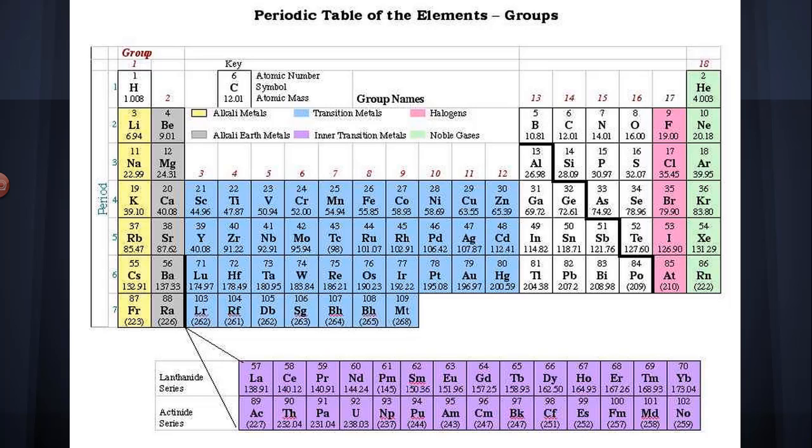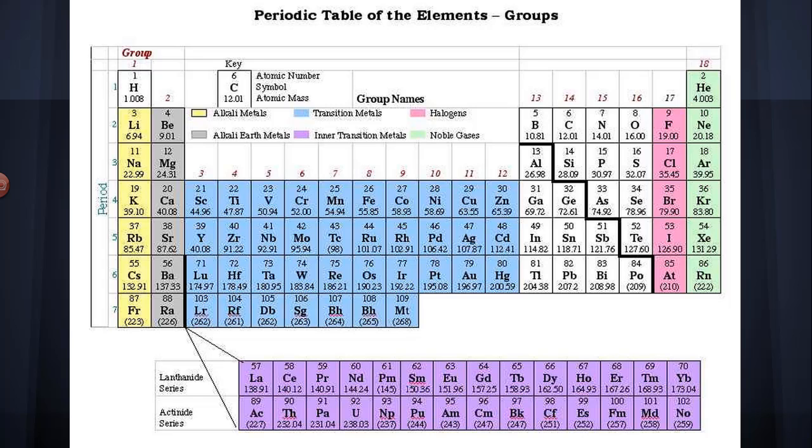Finally, down here at the bottom, we have these two rows called the Lanthanide Series, that's numbers 57 through 70, and the actinides, numbers 89 through 102. Together, this whole group of two rows are called the inner transition metals, or the rare earth elements. And they are very odd elements by the way they behave.